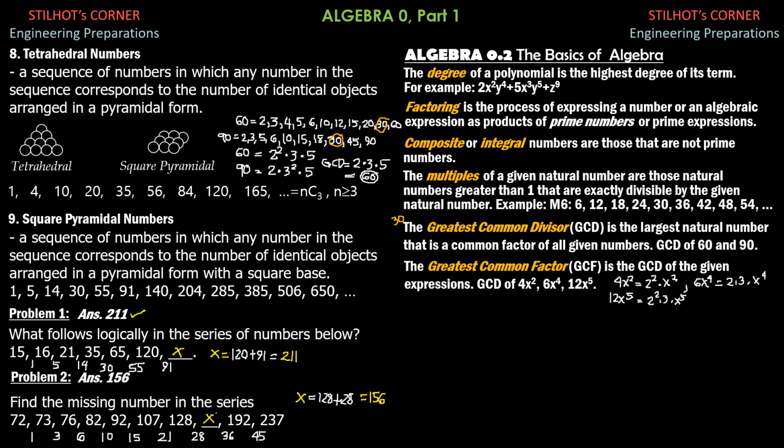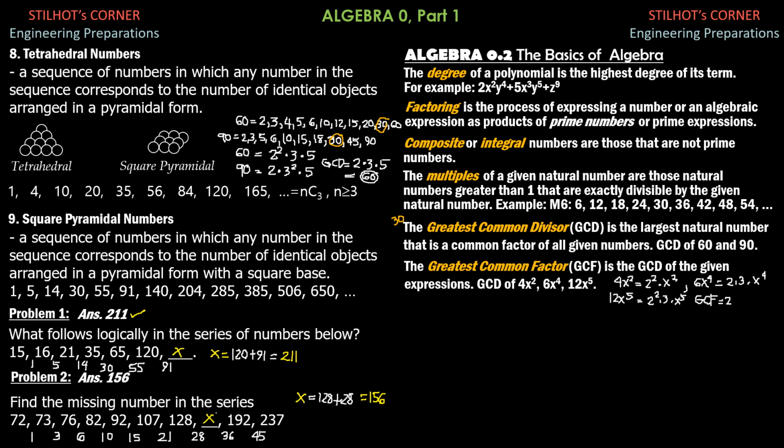So 2 is common to all, and for the GCF, for 2, the least exponent is 2, so we write 2. 3 is not common because 4x squared has no 3 as a factor, so we do not write it here.